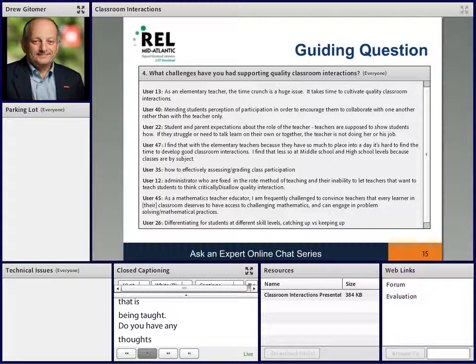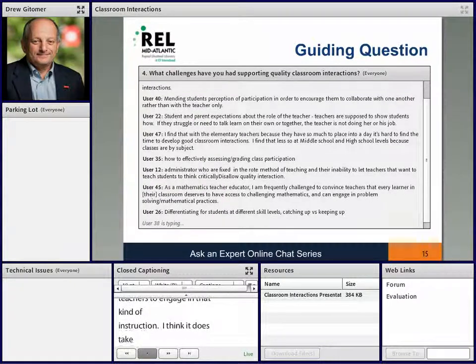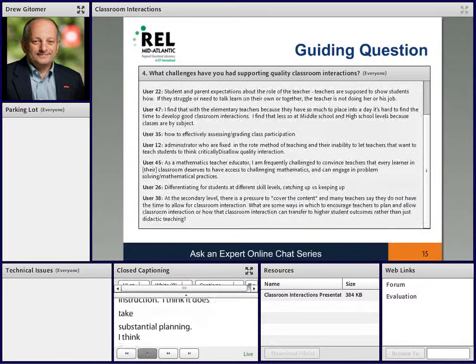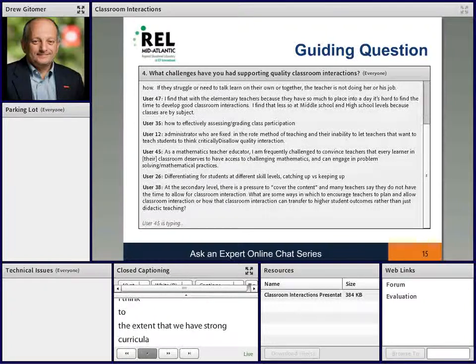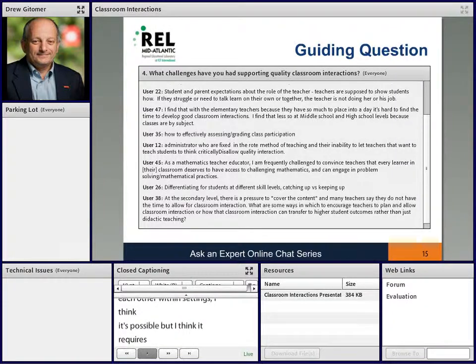Right. I think it's a challenge for teachers to engage in that kind of instruction. I think it does take substantial planning. To the extent that we have strong curricula in place that allow for that sort of differentiated practice, that allow for students to work and learn from each other within settings, I think it's possible, but it requires extensive professional development and strong curriculum.